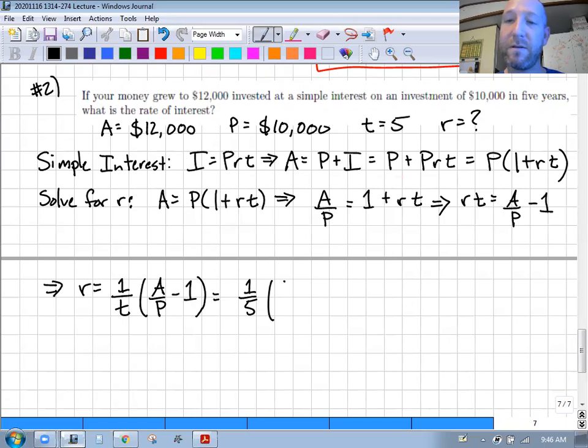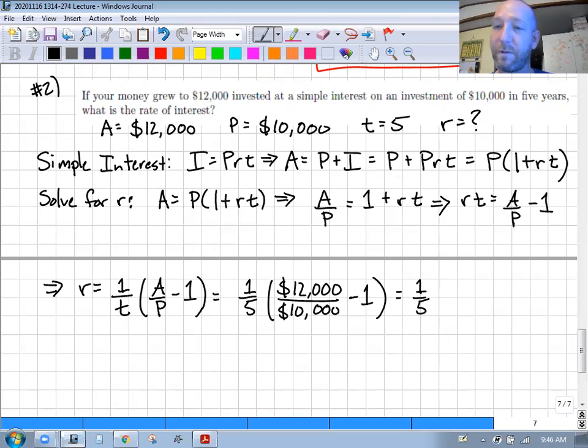A is 12,000. P is 10,000. So we have 12,000 divided by 10,000 minus 1.